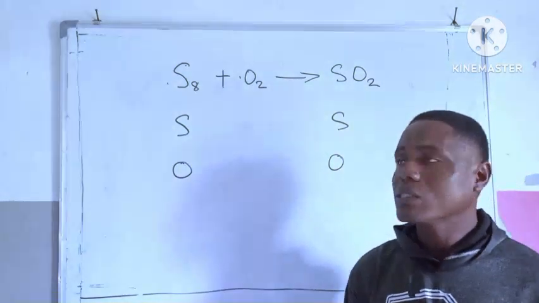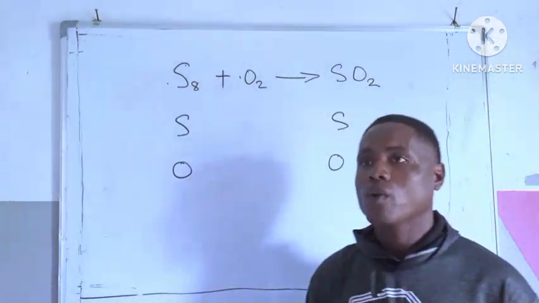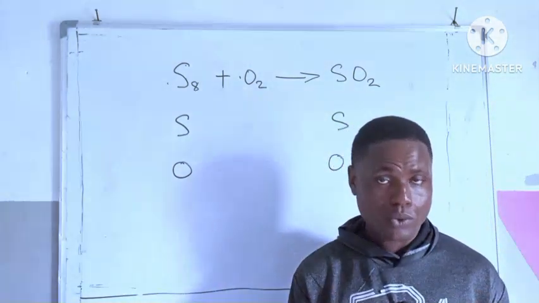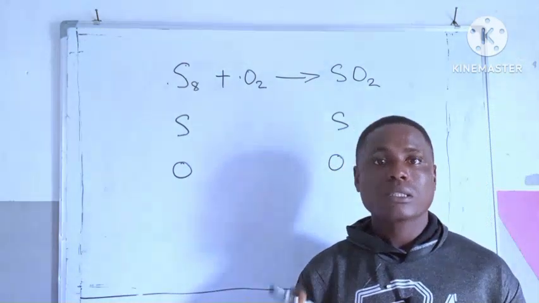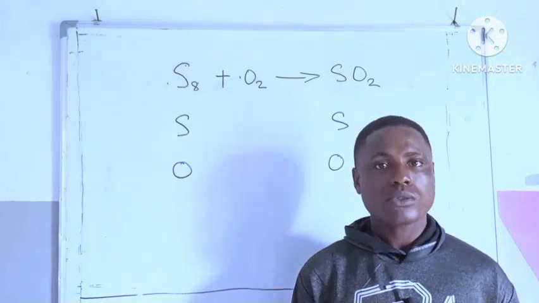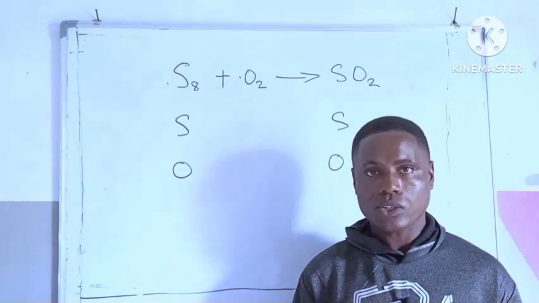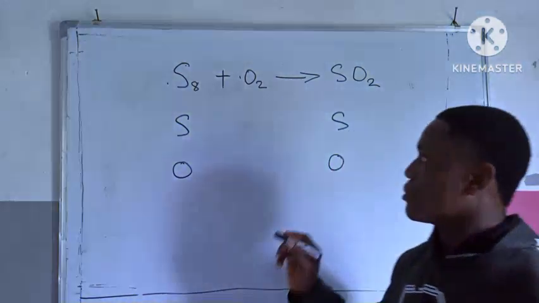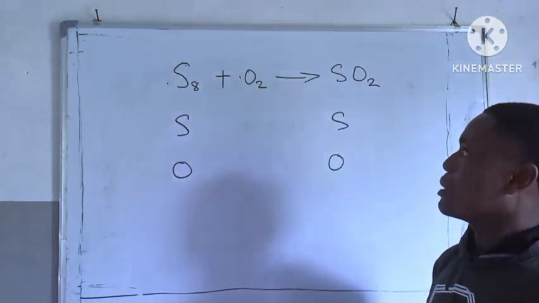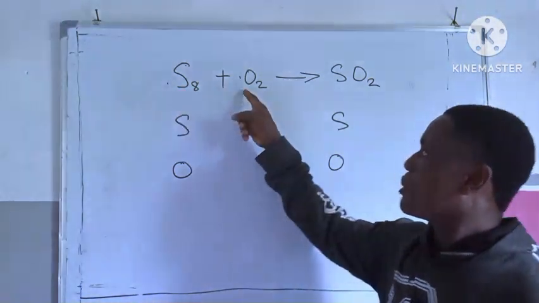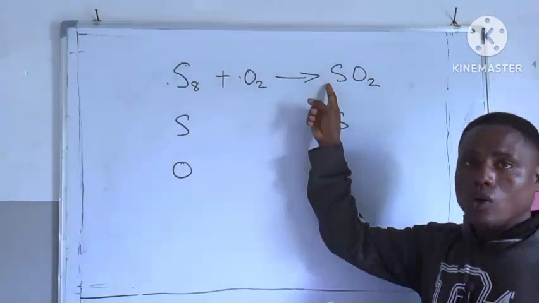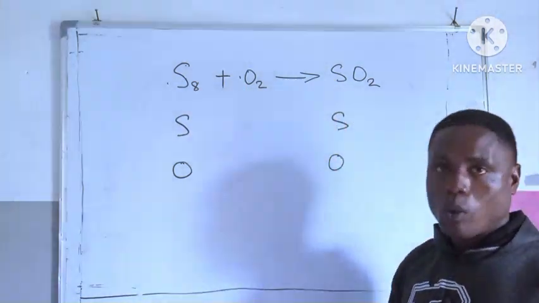So the second thing you should understand is when balancing a chemical equation, only the coefficients can be changed, but the given atoms or the subscript cannot be changed. Now watch. Coefficient simply means the numbers at the back of each of the elements or at the back of a compound.